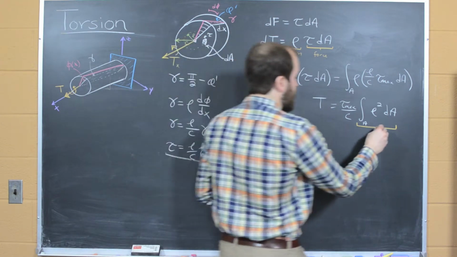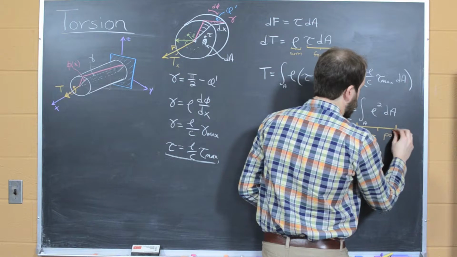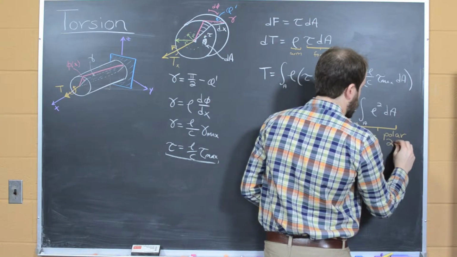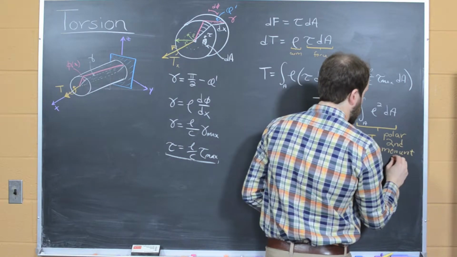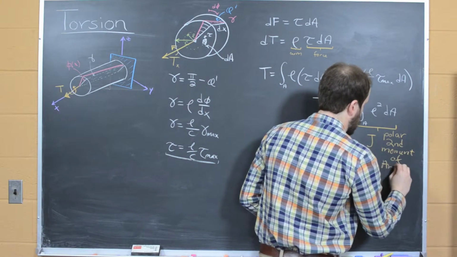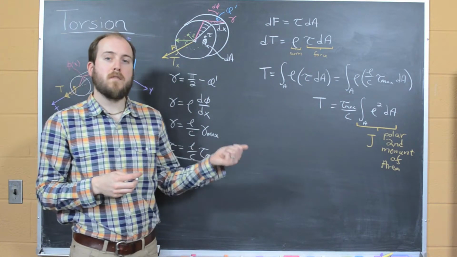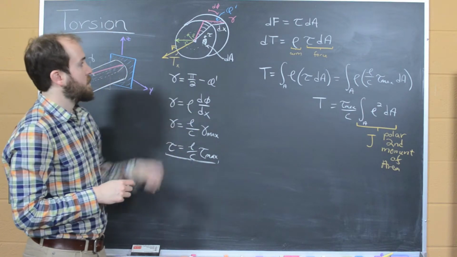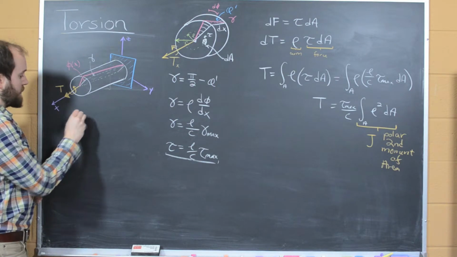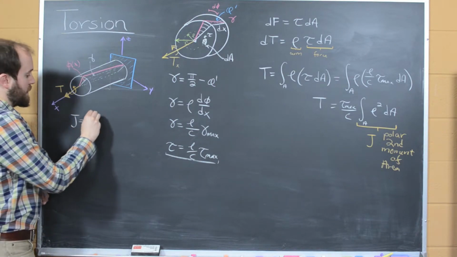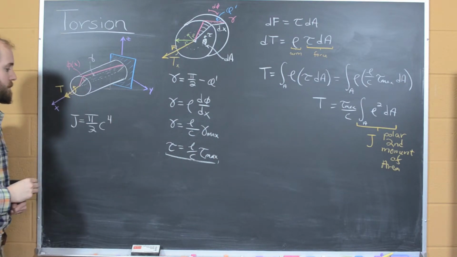And this is often denoted by the symbol capital J. And you might recall that some simple forms for J, especially since we're going to be dealing with circular cross-sections, are that J for a solid circular cross-section is going to be pi over 2 times c to the 4th.